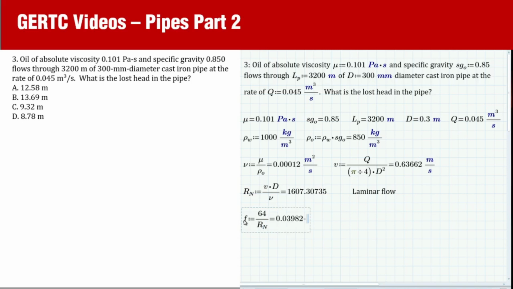That gives 0.03982. Knowing that, we can now solve for the head loss due to friction. The formula is equal to F times the length of the pipe divided by the diameter times the velocity head, V squared divided by 2 times G.